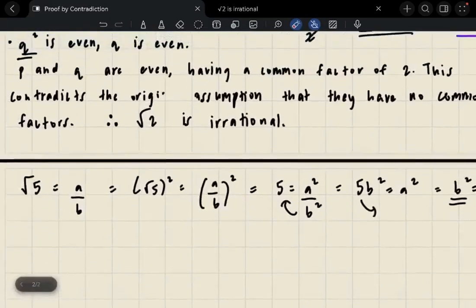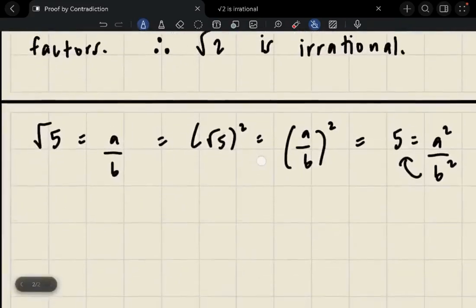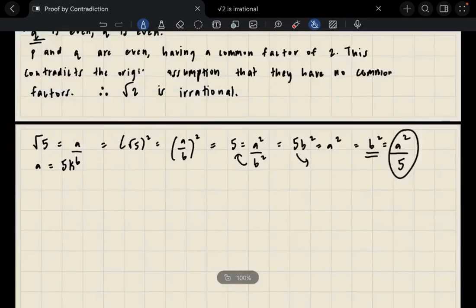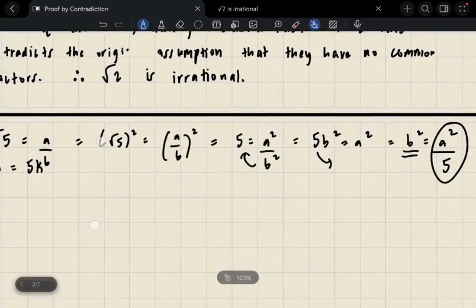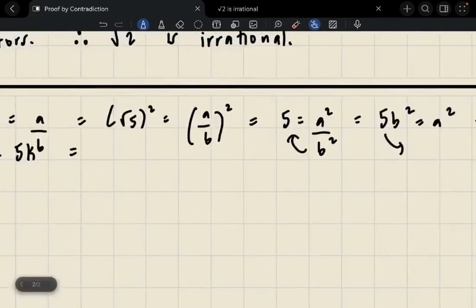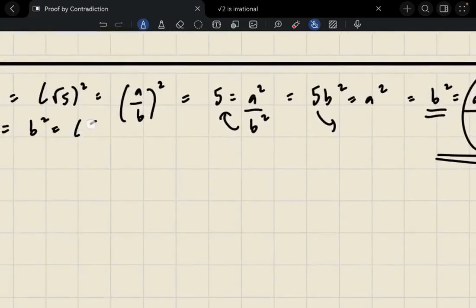So because now we know that a should be a multiple of 5, I can rewrite a as, let's say, 5k, for example, where k is again some random integer, and then replace that in this. So I get b squared equals 5k squared over 5.